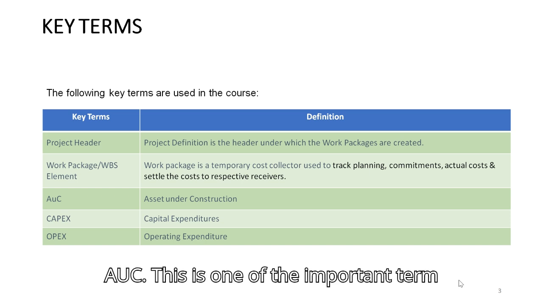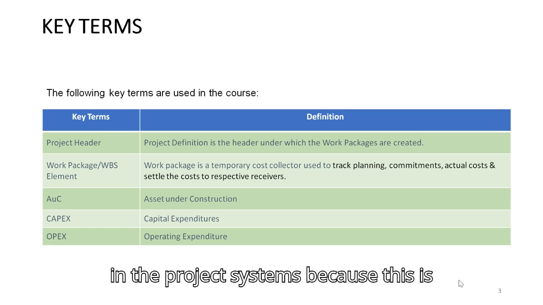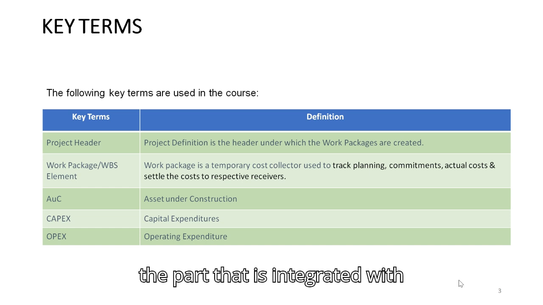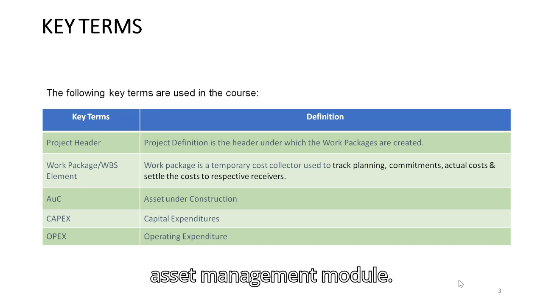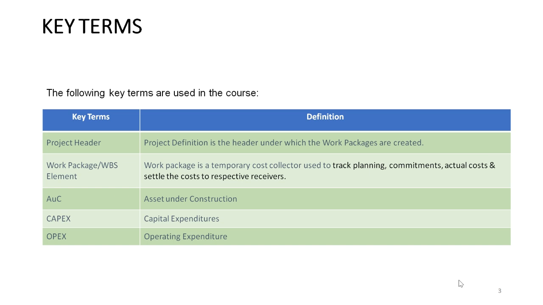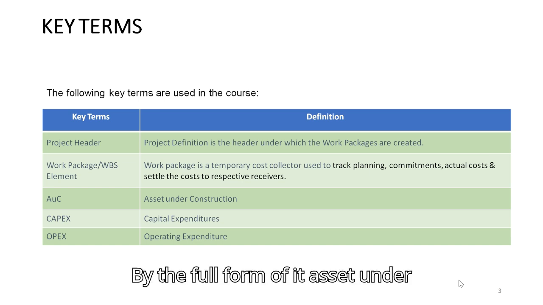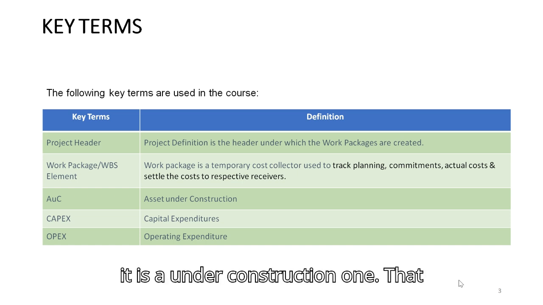Next, AUC. This is one of the important terms in project systems, because this is the part that is integrated with the asset management module. AUC is nothing but asset under construction. By the full form of it, you need to understand it is under construction.